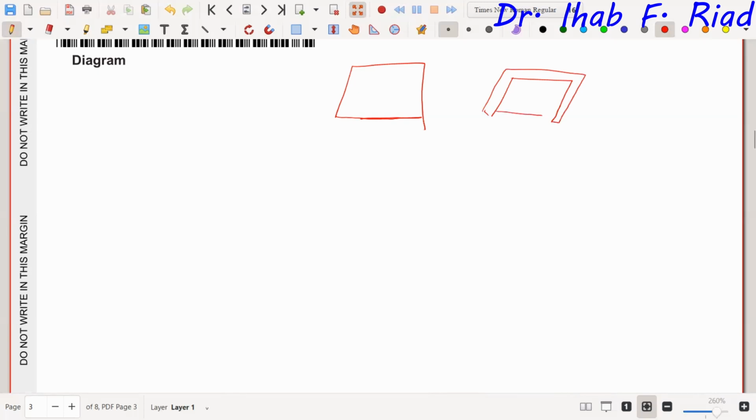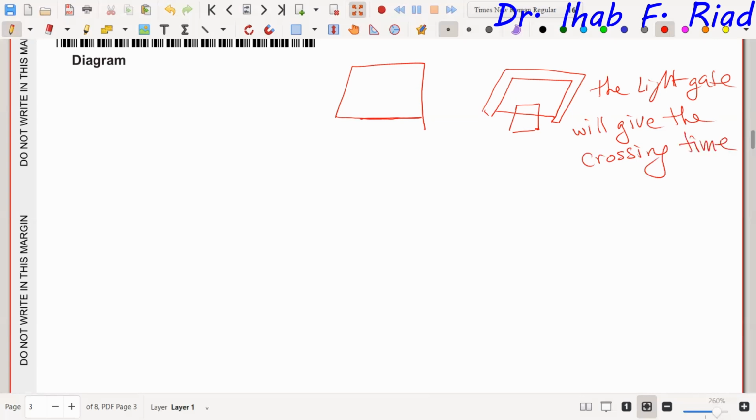And there is a laser light. If you cross this light, the light gate will give the crossing time.